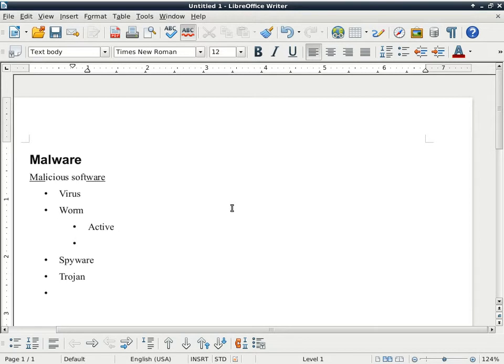Which means when this particular malicious software is running, it will actively try to infect another system. It will go out to try to infect other computers actively, which sounds really bad, right?